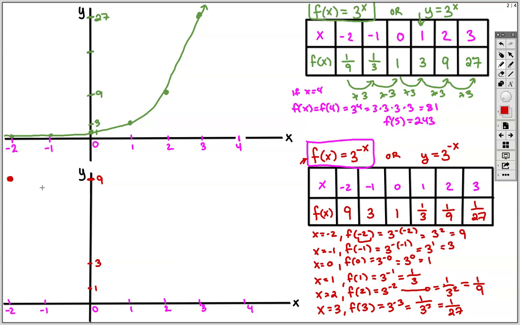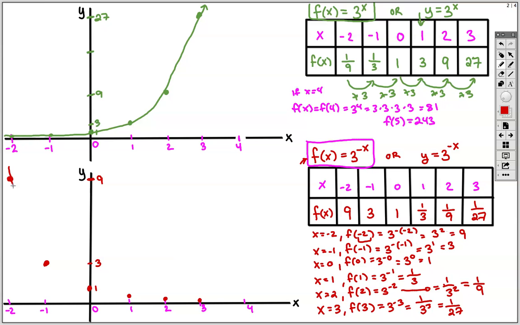Plot that right there. When x is negative 1, f of x or y is 3. When x is 0, f of x or y is 1. When x is 1, it's 1/3. And 2 is 1/9, so a little lower, but still positive. And when it's 3, it's 1 over 27, so that's really, really close to the x-axis.